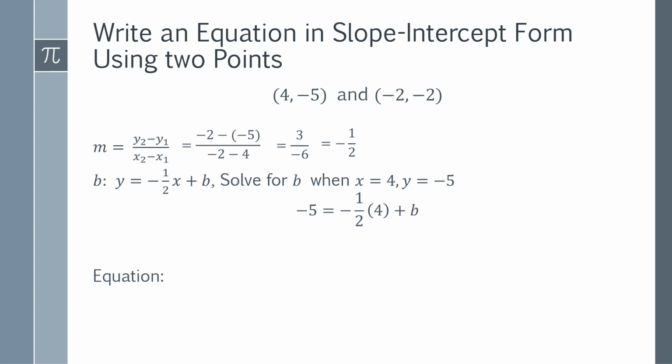I'm going to simplify. 4 divided by 2 is 2, so this becomes -2. I'm going to add 2 to both sides, and I'm going to get b is -3. So now I know what m is, and I know what b is. So the equation of this line is going to be y equals -1/2 x minus 3. Let's look at another example.